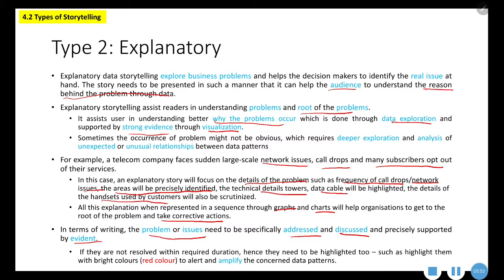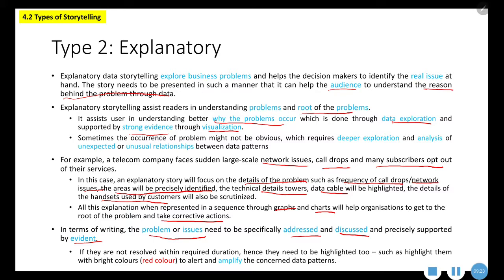So evidence comes from the investigation that is represented by visual representation, by chart representation. So if they are not resolved within the required duration, for example, hence they need to be highlighted too. So the data can be highlighted, for example, with bright colors. You can use red colors to show the importance level of the data, and then to show some alert, and then in order to amplify the concerned data patterns.